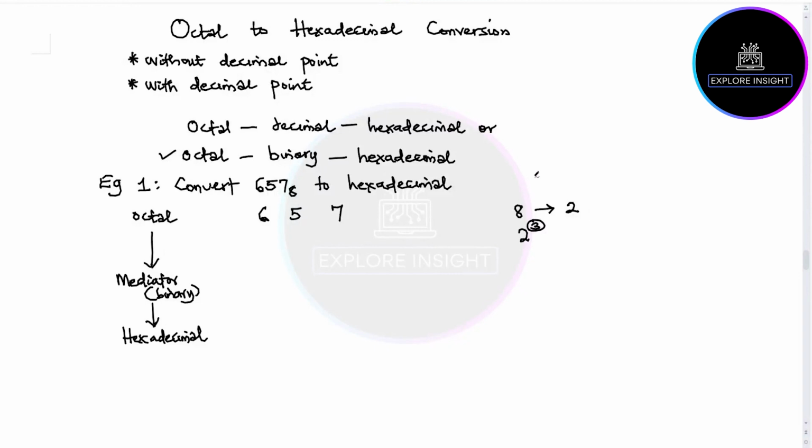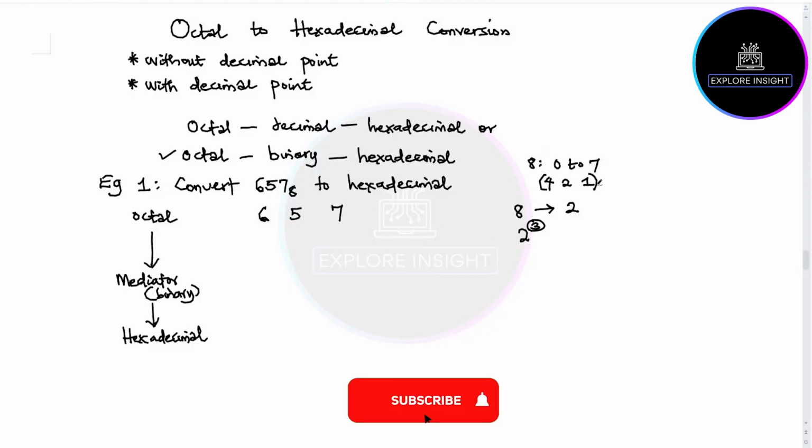So, like we said, the octal value 8 has digits between 0 to 7. So it leaves us with 4, 2, 1. It means within this range, we can have a value. So we are using this trick to convert any given value we have in our question.